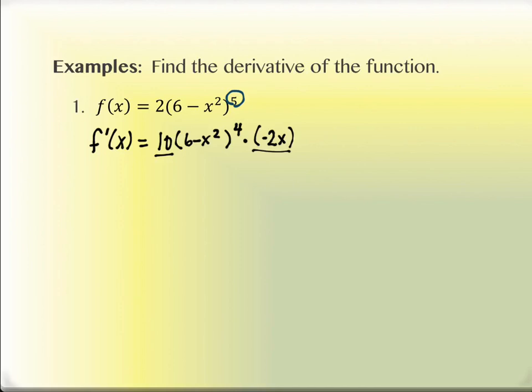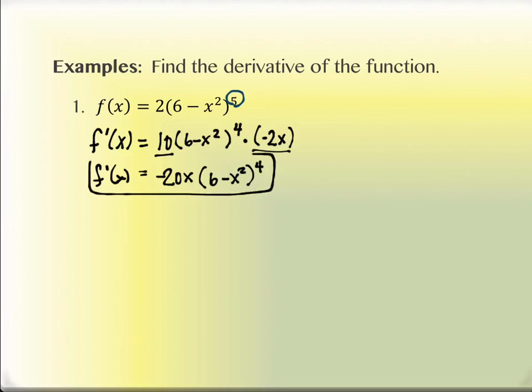I'm not multiplying this out 4 times, by itself 4 times. That's not necessary. But the negative 2x at the end and the 10 at the beginning, those can be simplified pretty simply, right? Not too bad. So if we multiply those together, I have negative 20x, and then I have my 6 minus x squared to the 4th. And we would stop right there. Any questions on that one?